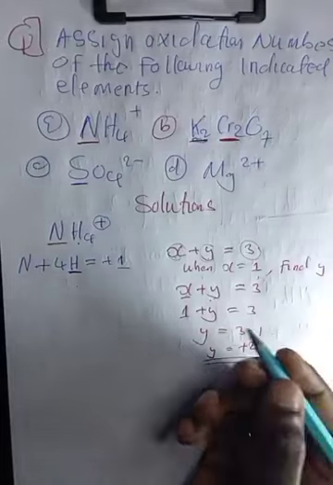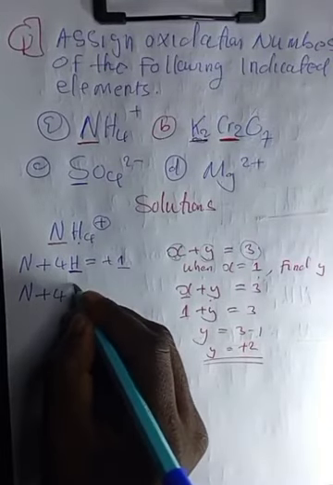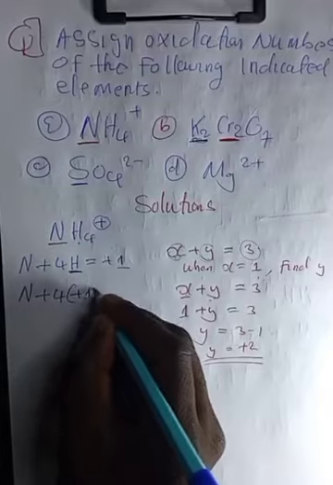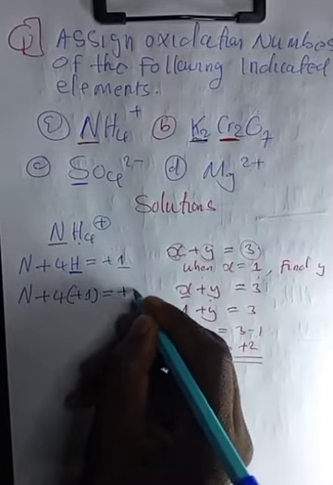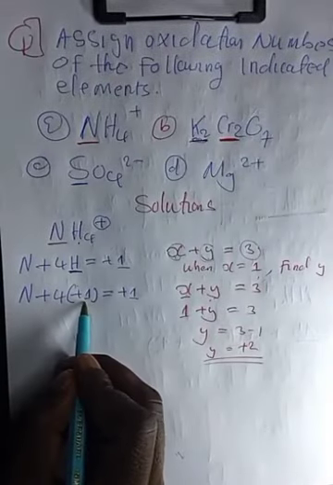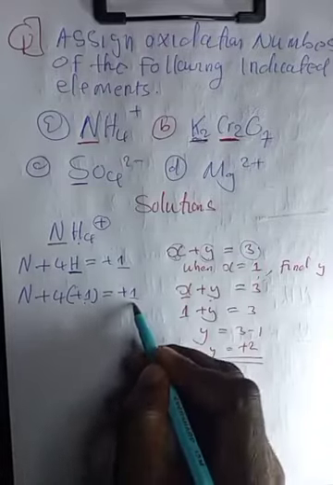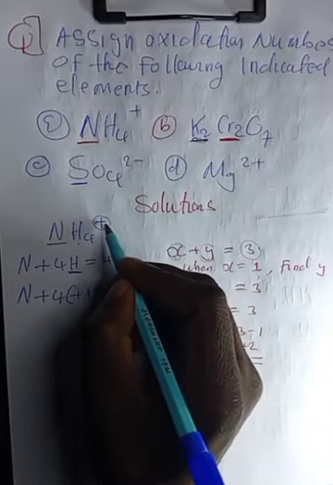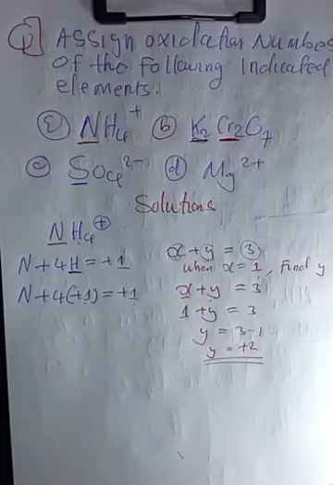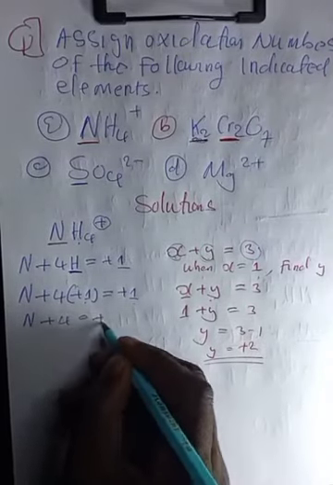So we don't know nitrogen, but we have 4 hydrogen, and we know that the oxidation number for hydrogen is positive 1, which will be equal to positive 1 as the overall charge. The positive 1 in brackets is the oxidation number for hydrogen, and the positive 1 here is the overall charge on top there. So now we say this will be n plus 4 equal to positive 1.